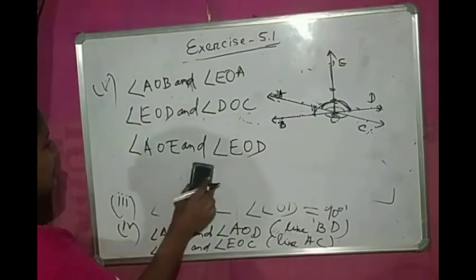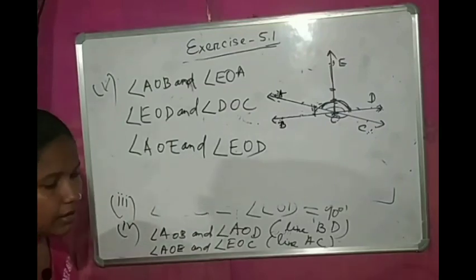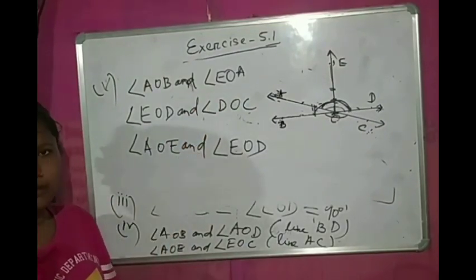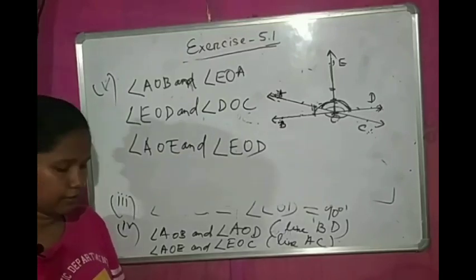So these three pairs are adjacent angles, but they are not linear pairs.